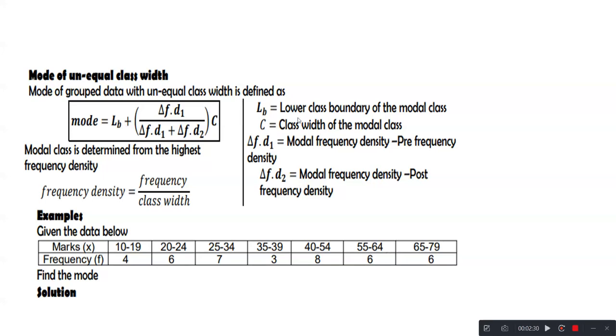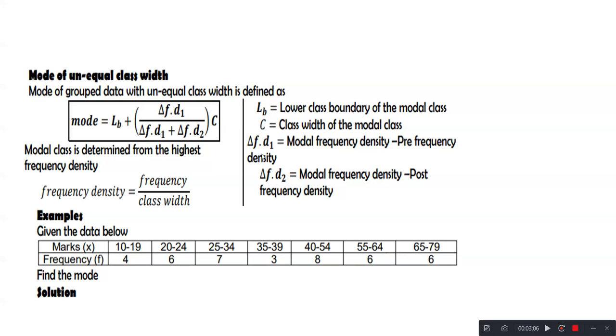Now, what is the lower class boundary? It is that of the modal class. The modal class for this kind of scenario is the class with the highest frequency density. Not the highest frequency, but the highest frequency density. Please mark that. The class width C is the class width of the modal class.